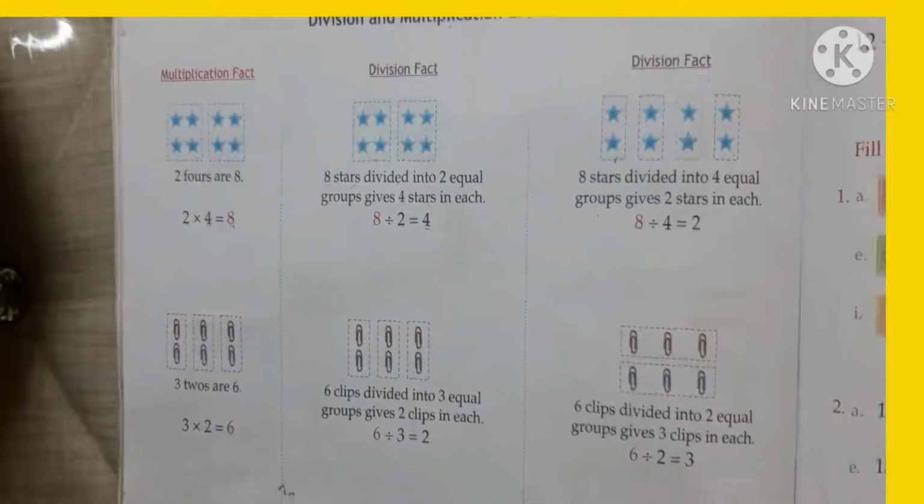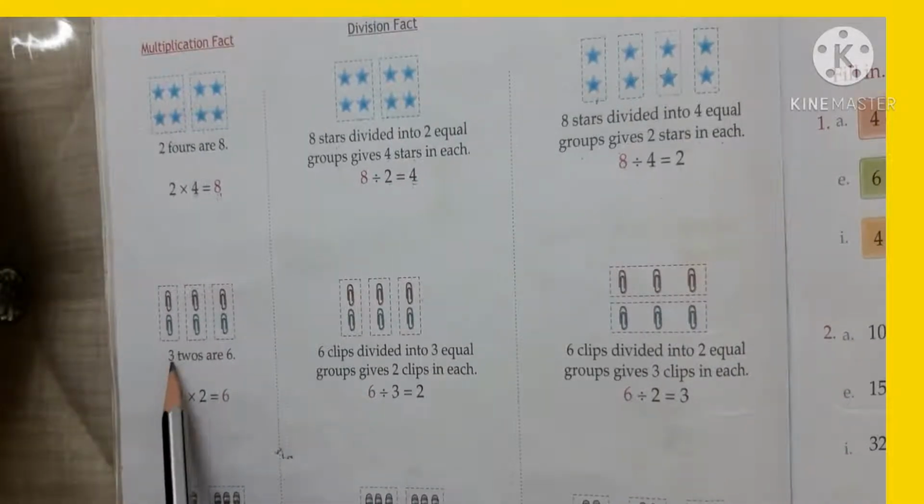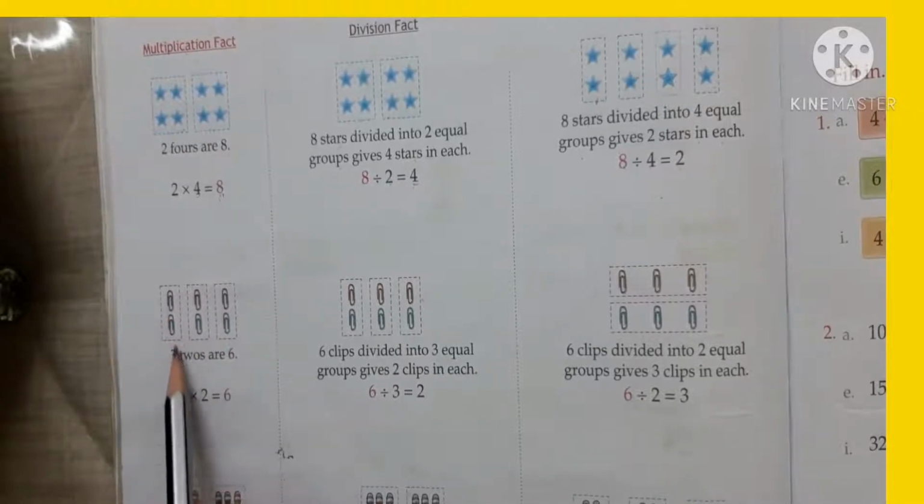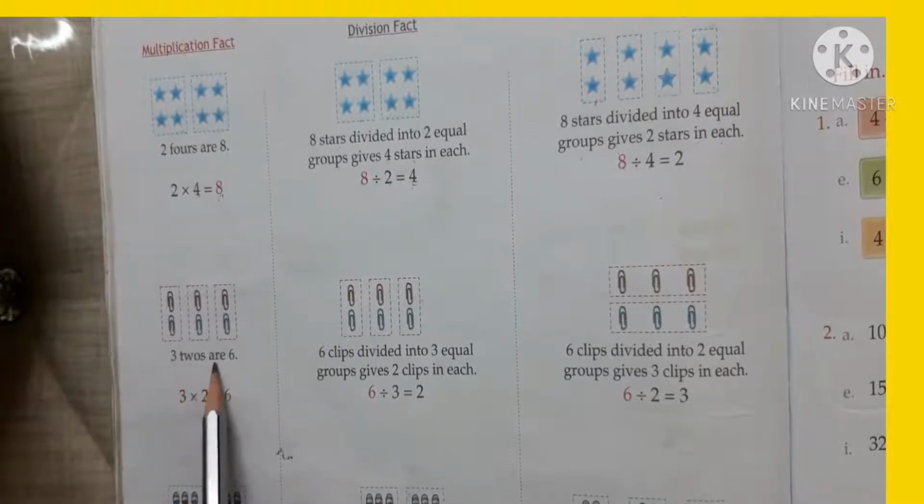Second example. 3 2s are 6. 1 2 3 groups and each group has 2 pins. So, 3 2s are 6. 3 multiplied by 2 is equal to 6.